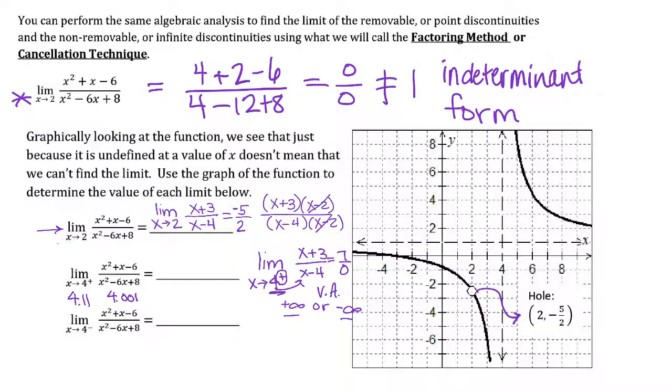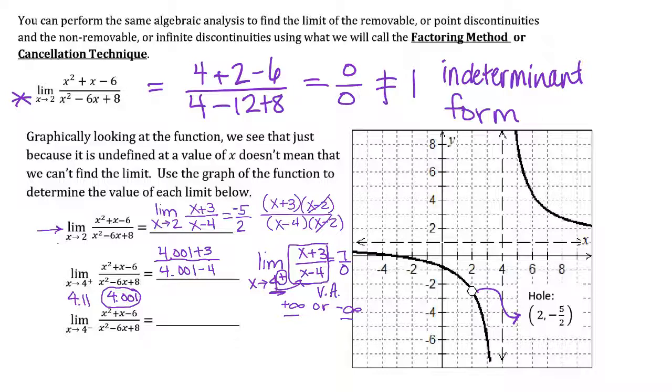So let's just say 4.001. Let's just get really close. And where we're plugging it in is this value right over here. So if I plug in 4.001 plus 3 over 4.001 minus 4, really all I care about is whether this is positive or negative.